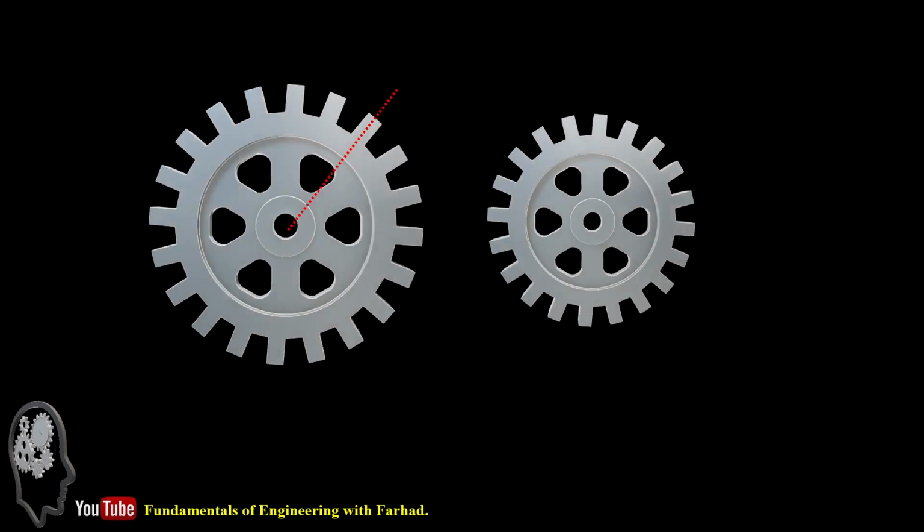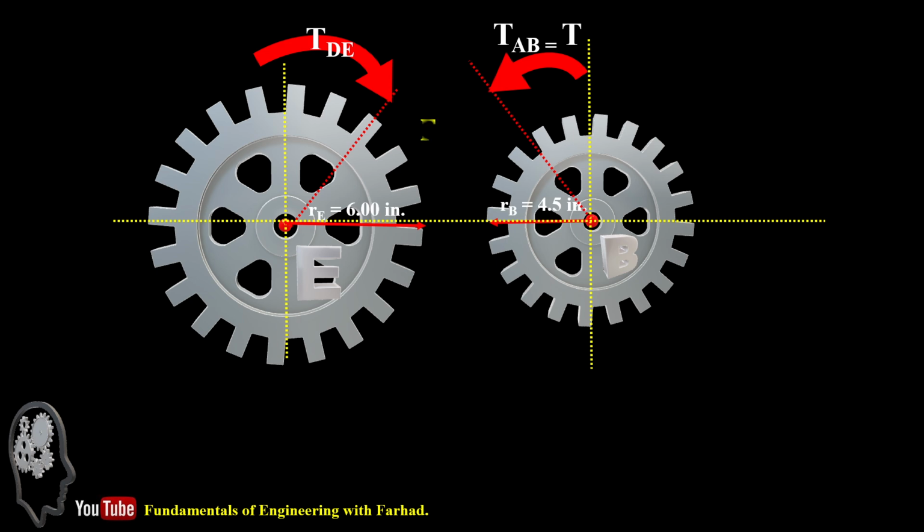If we want to know the relation between the gear teeth due to this tangential force, first, the same amount of moment which applies to shaft AB is applied to gear B. So TAB is equal to T at gear B, and it creates another torsion in the opposite direction in gear E.